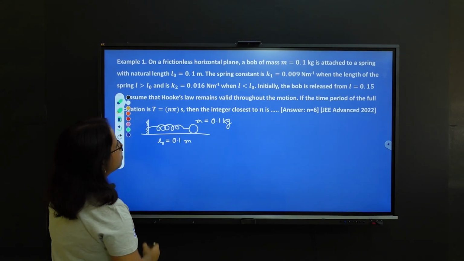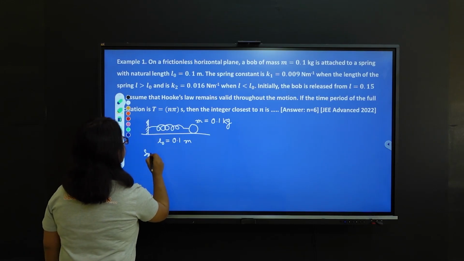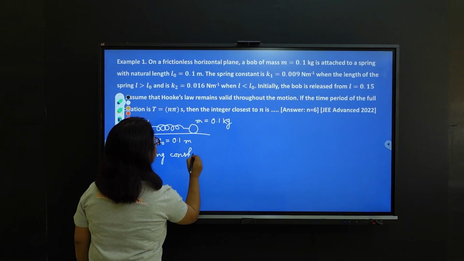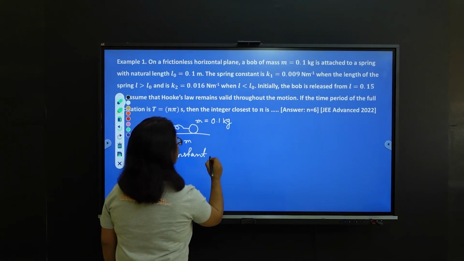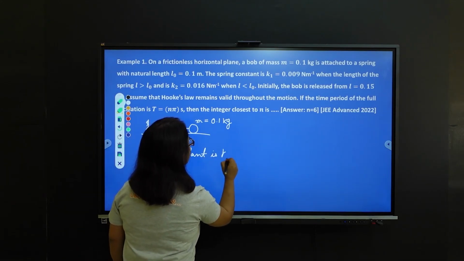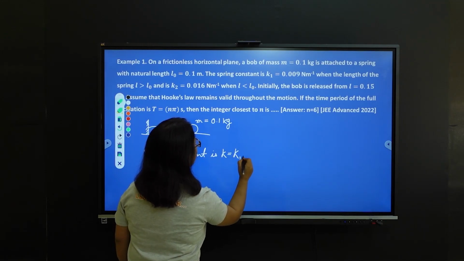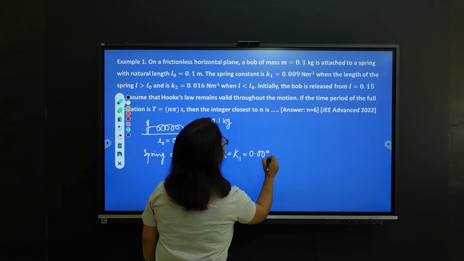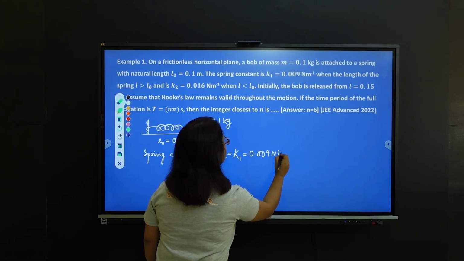Now, the spring constant of the spring is equal to K1, say, which is equal to 0.009 Newton per meter.